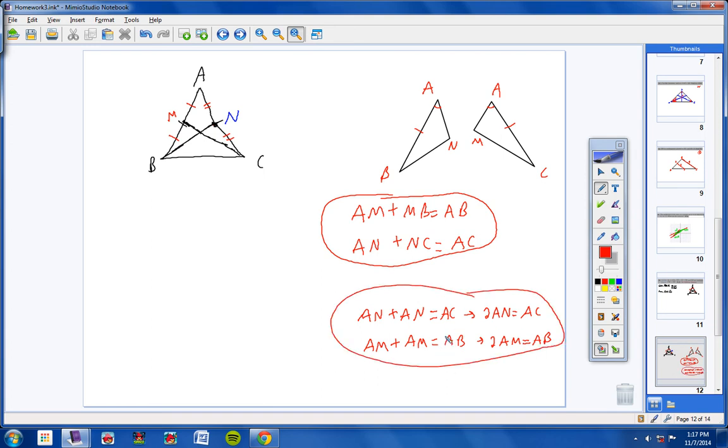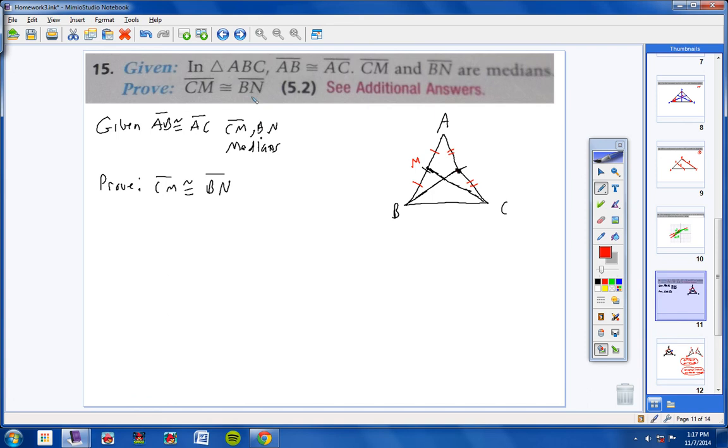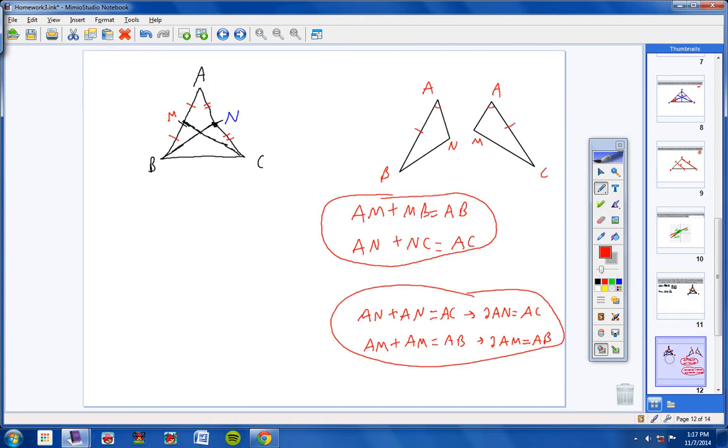Now, students, look at this. What do we know in our given? AB is congruent to AC. We know that. So, in my next step here, I could put AB for AC, or I could put AC for AB. Either way is fine.